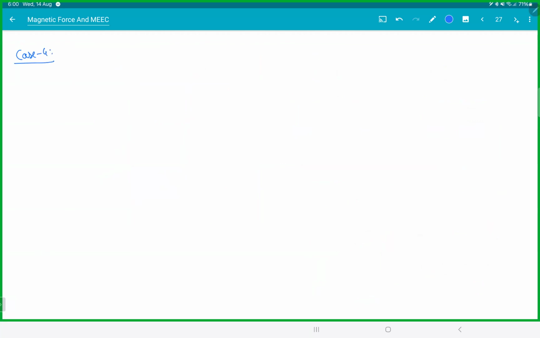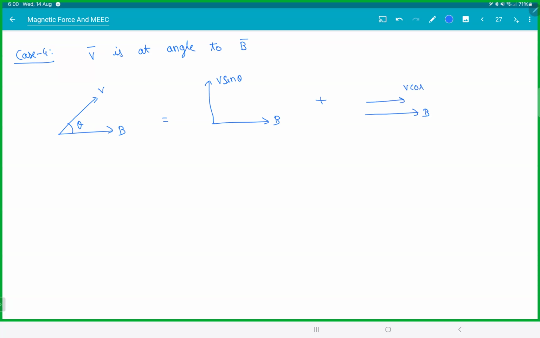Velocity is at an angle to the magnetic field. So I can divide this into 2 parts: V sine theta plus V cos theta.